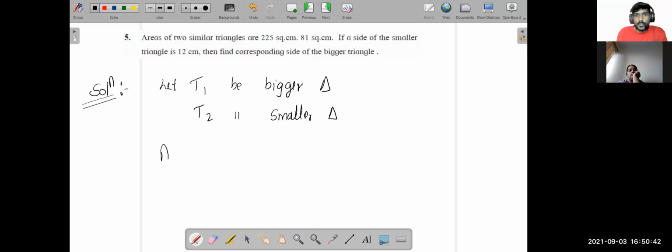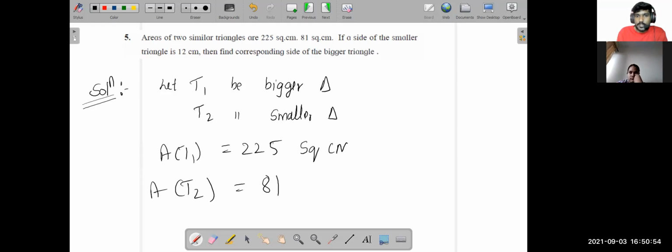So area of the bigger triangle is given as 225 and area of the smaller triangle is given as 81. Okay, 225 square centimeters and 81 square centimeters. Area of bigger and smaller.